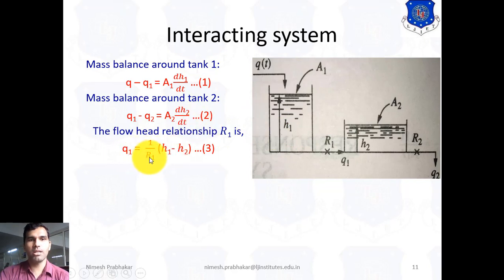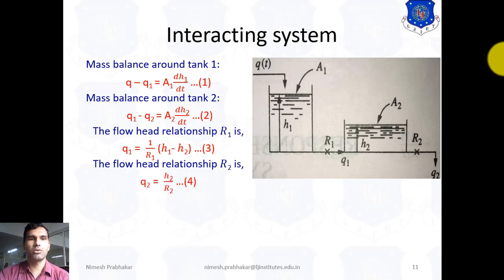So here Q1 is nothing but the difference H1 minus H2 times 1 upon R1. So this is different from the non-interacting system. And similarly we can write the flow head relationship for R2: Q2 is equal to H2 upon R2.